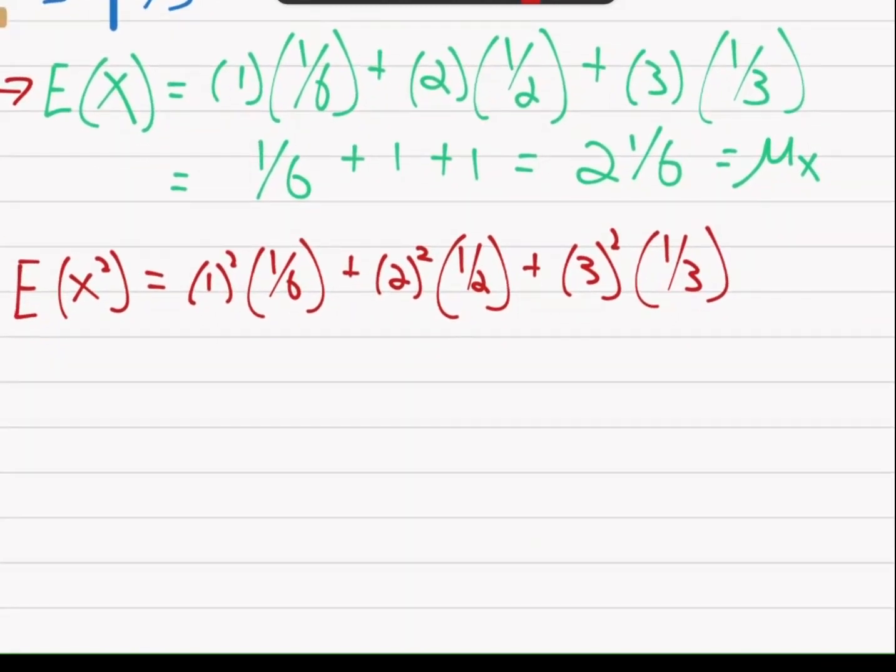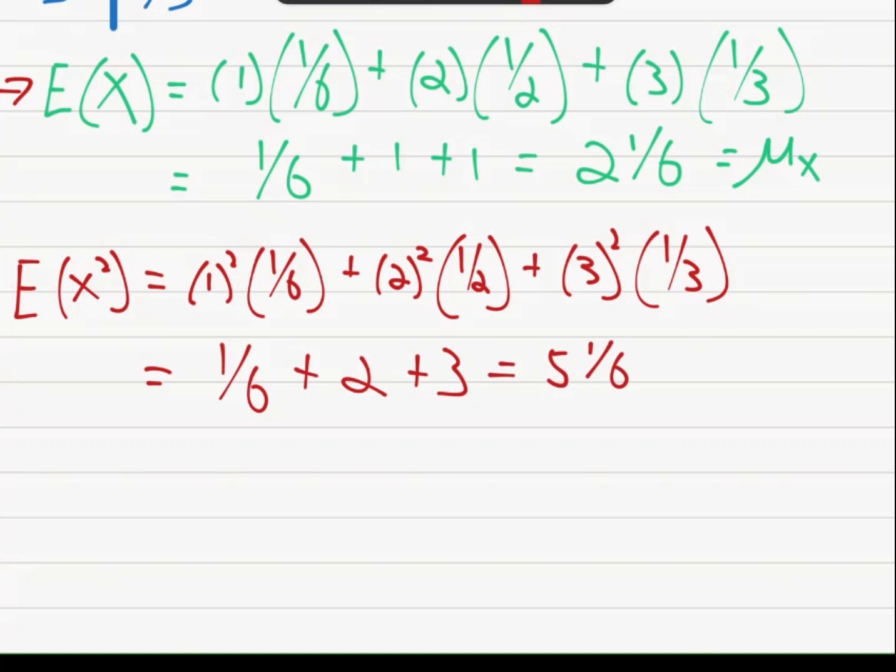I'm just squaring all the outcomes. So 1/6, now I have 4 halves, which is 2, and now I have 9/3, which is 3. So the expected value of x squared is 5 1/6.